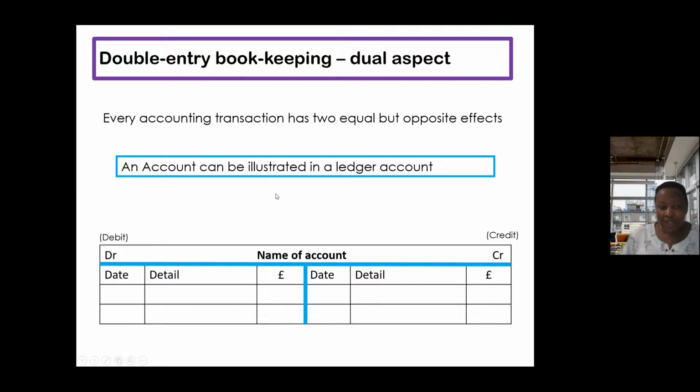Illustrating that in the ledger, this is a ledger T account, where we have the debit side and also the credit side. You just have on both sides the date, the details and the amount of the transaction which you want to record in the T account.